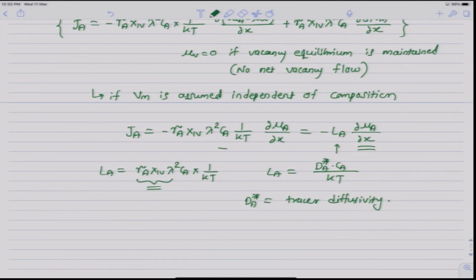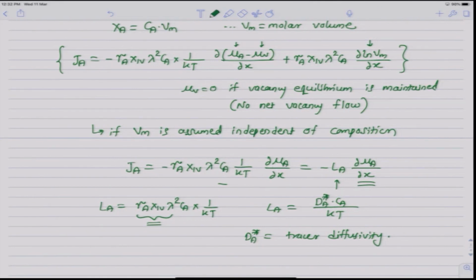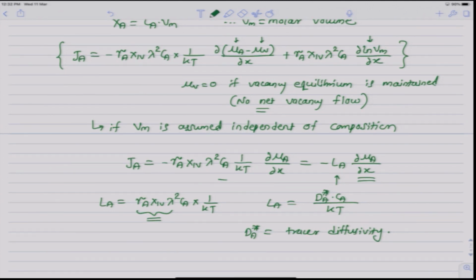Now let us look into the more general case when there is a net vacancy flow which is existing, which is bound to happen if dA star is not equal to dB star. dB star is the tracer diffusivity of B. In that case, we have to consider the dou mu V by dou x term also.